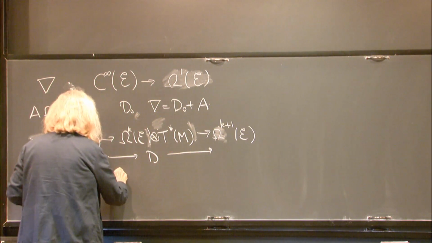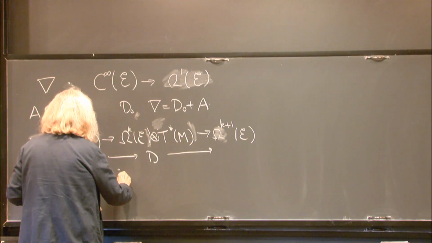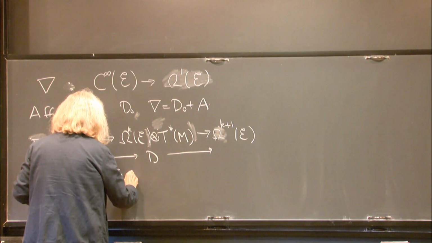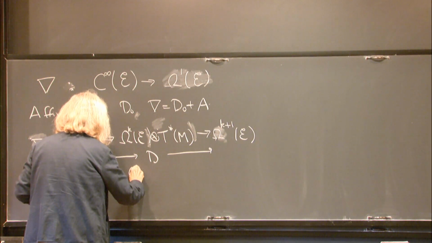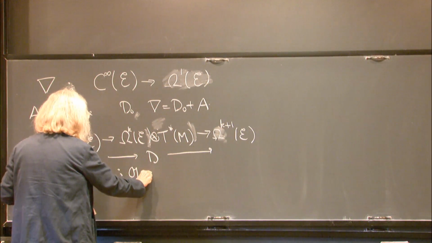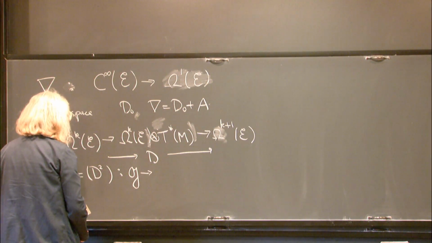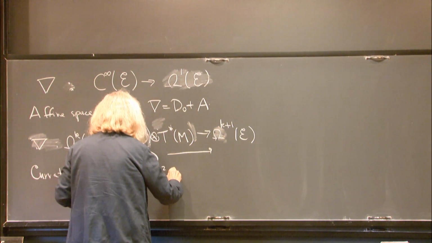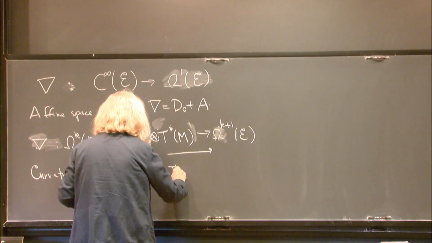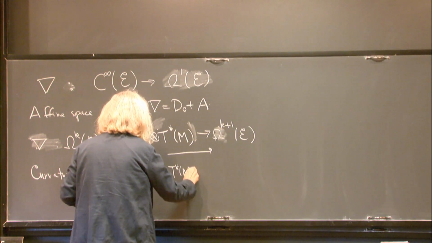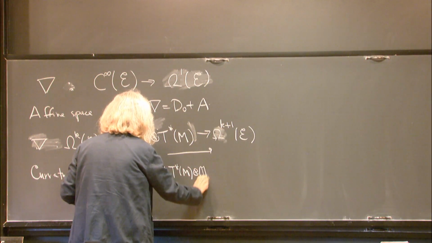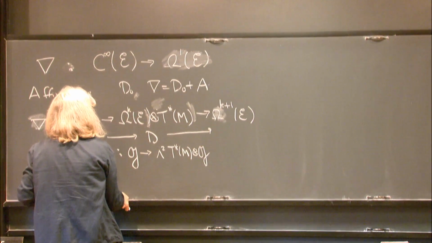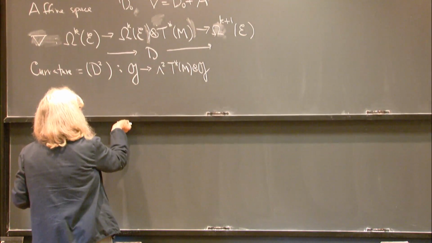And this will turn out to map the gauge group G into wedge 2 T. Okay. I guess I got that right.